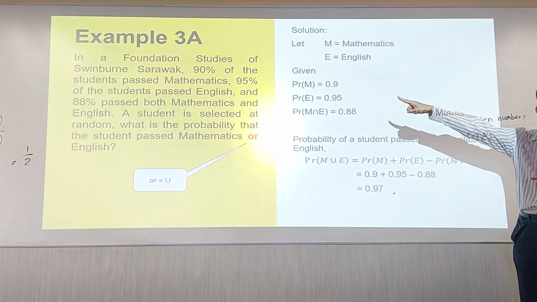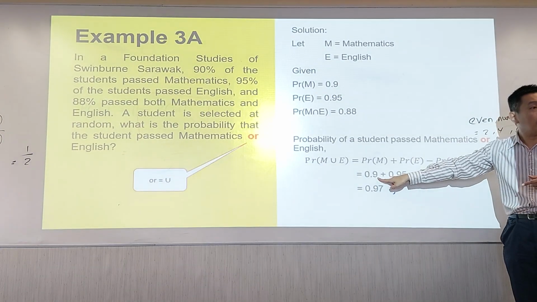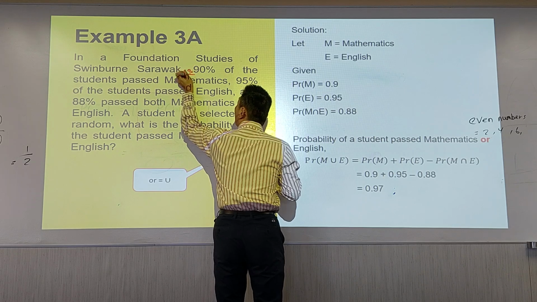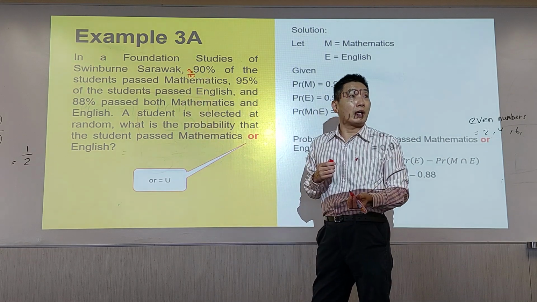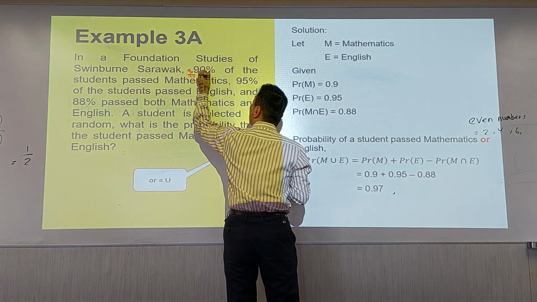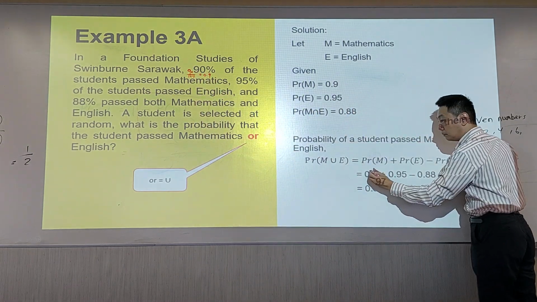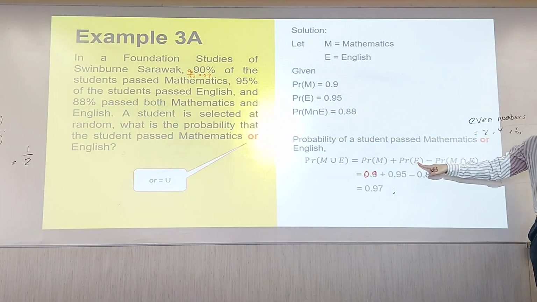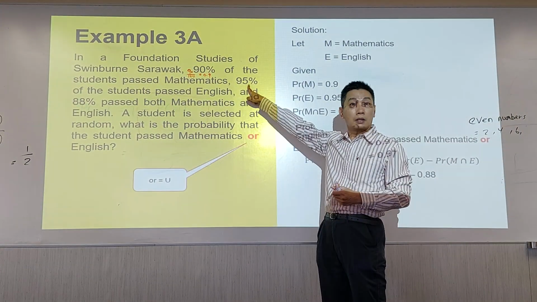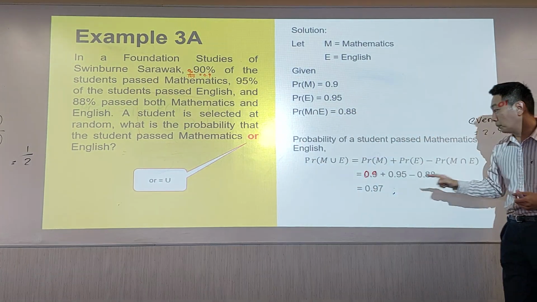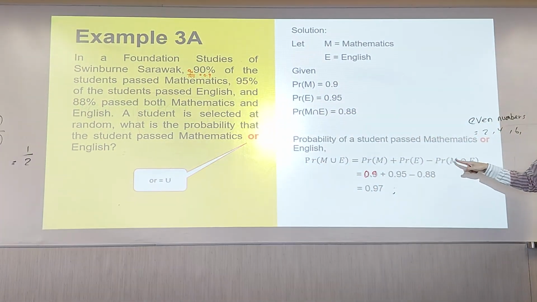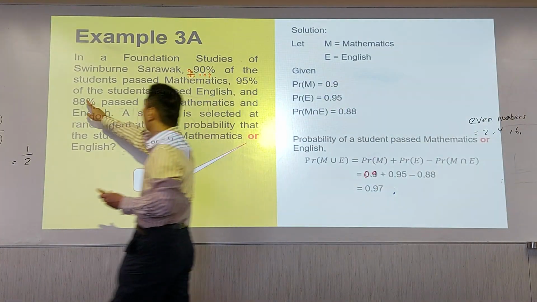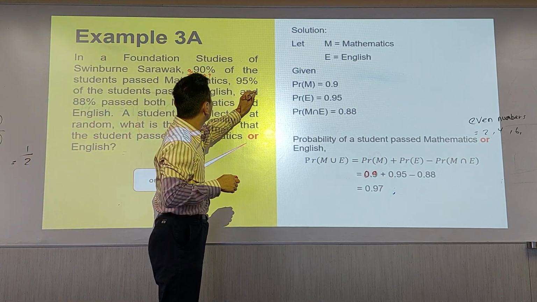Equal to 90%. 90% means 90 divided by 100, so it's equal to 0.9. So put here 0.9. For probability E, from here, it's 0.95. So put here. So don't forget you have to minus probability N intersect E. How to get the answer? This one, 88%.